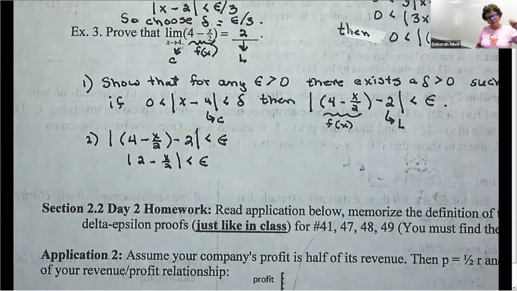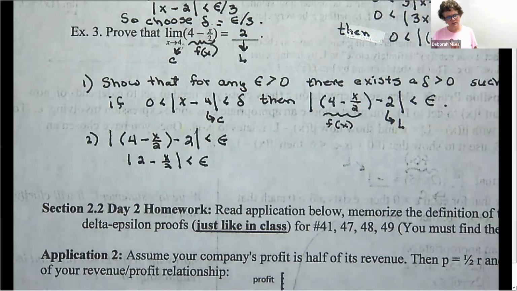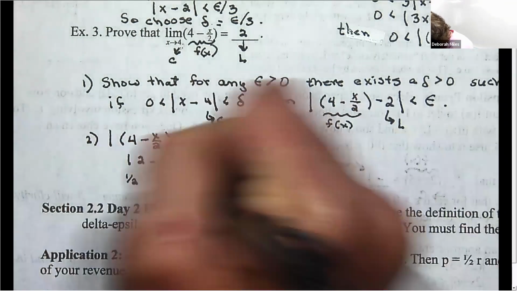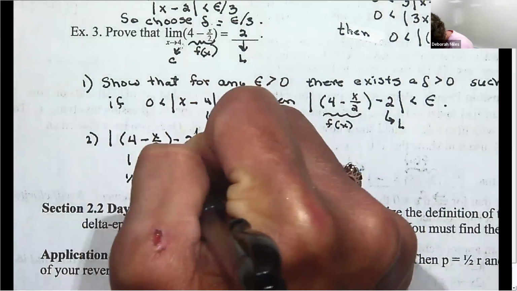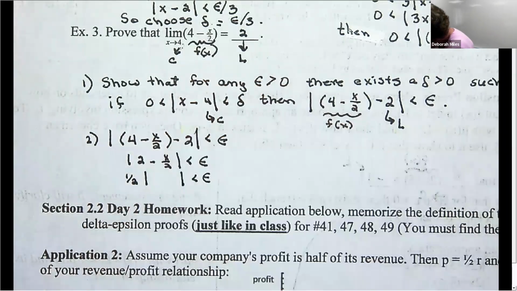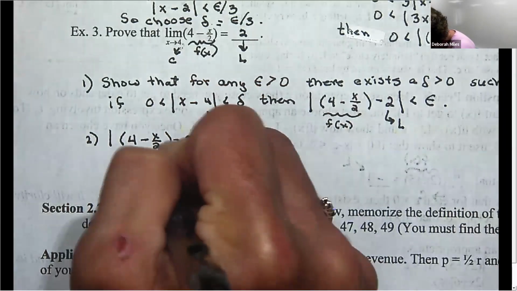I don't know. I'm not trying to clear out the fractions here. The next step in our previous 2 examples was factor. You could factor out a 1/2. You know, that's the slope of that line. So factor out a 1/2. And what would that leave you inside the absolute value? 4 minus x.